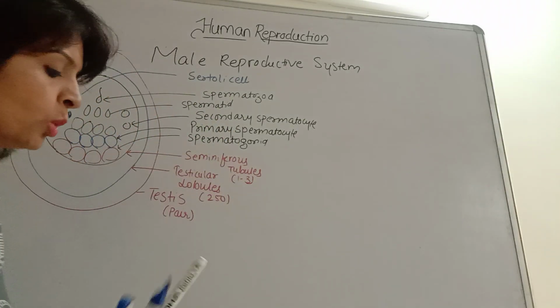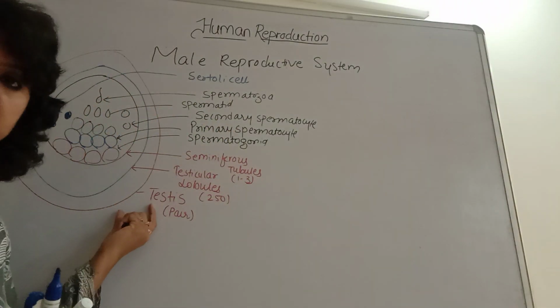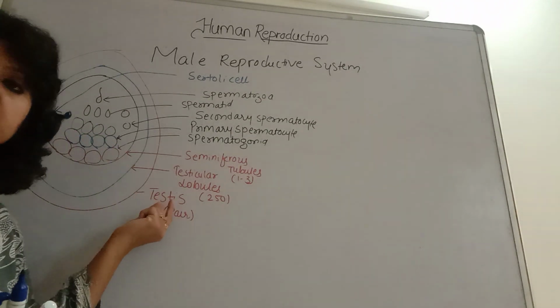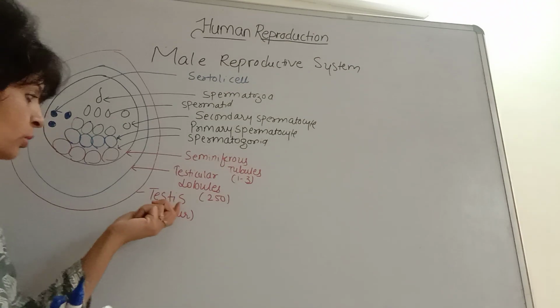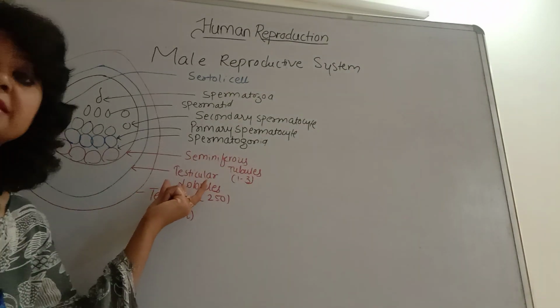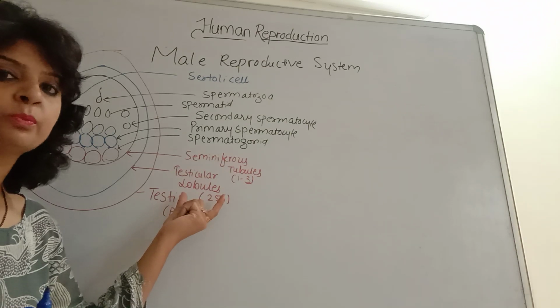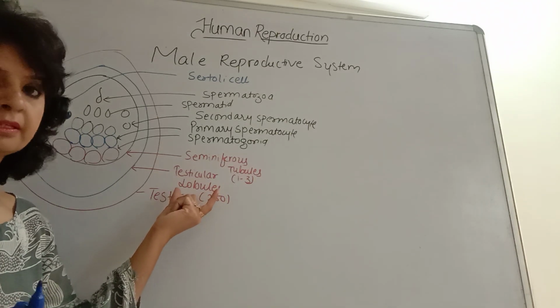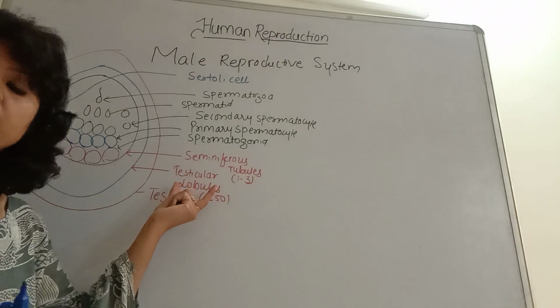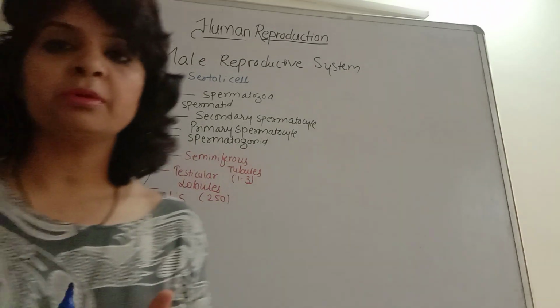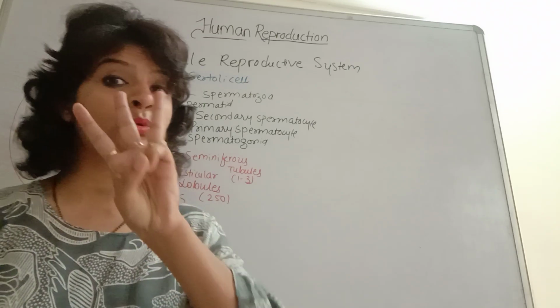As we know, the testis is a paired structure, since I have made a singular, I have written testis. Now this testis contains the testicular lobules. There are 250 testicular lobules present inside a testis. These testicular lobules contain the seminiferous tubules, and in these seminiferous tubules there are three cells.